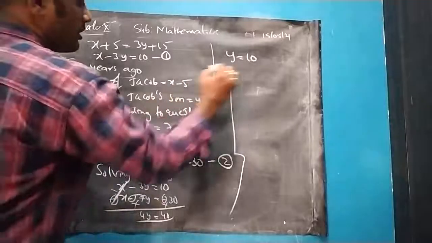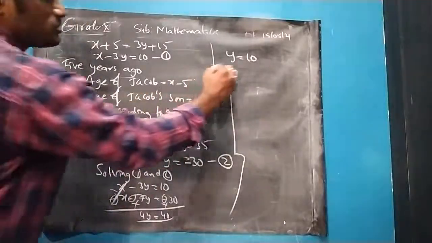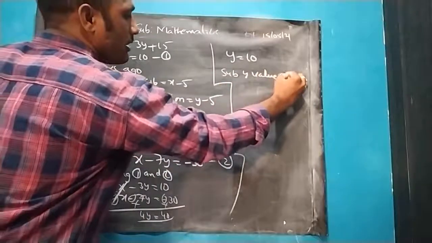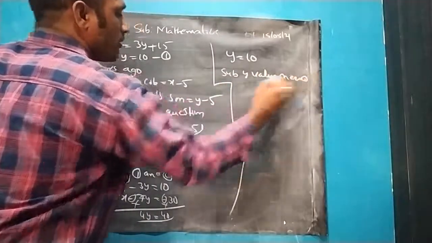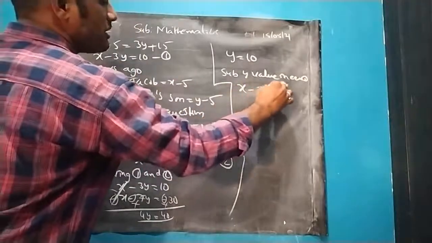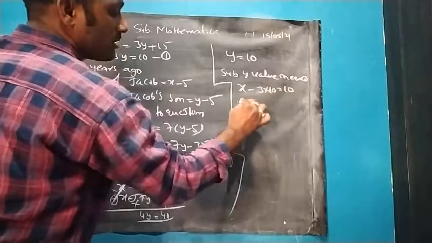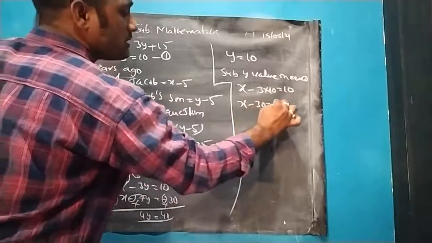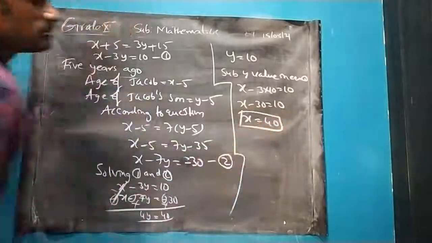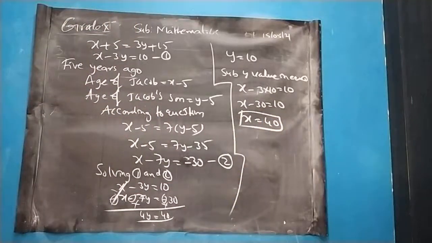Now let us substitute the y value in equation 1. If you substitute the y value in equation 1, x minus 3 into 10 is equal to 10. So x minus 30 is equal to 10. X is 40 years.